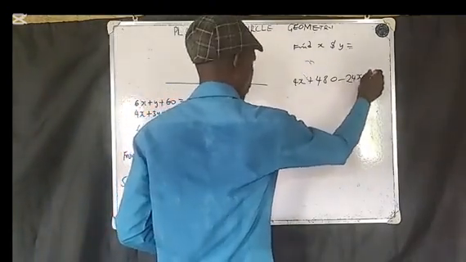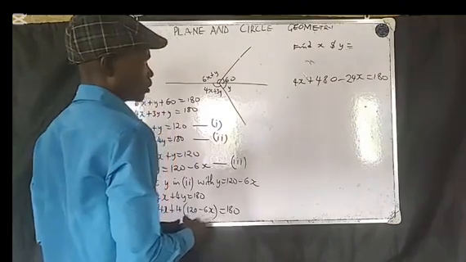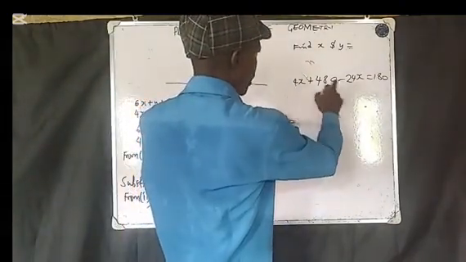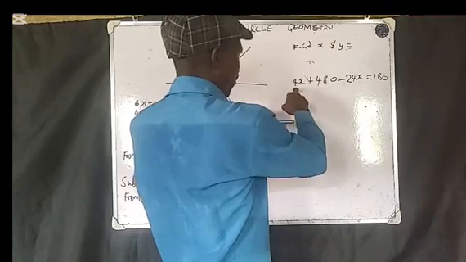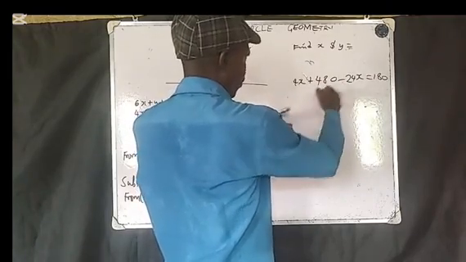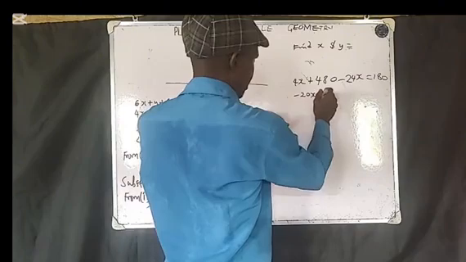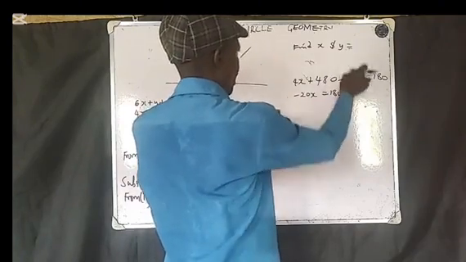24x equals 180. So when we do this, if you reduce your debt, you have 4 naira and you are owing 24 naira. Reduce your debt by 4, then you are left with minus 20x. So you have 180 here. Let this one go there.